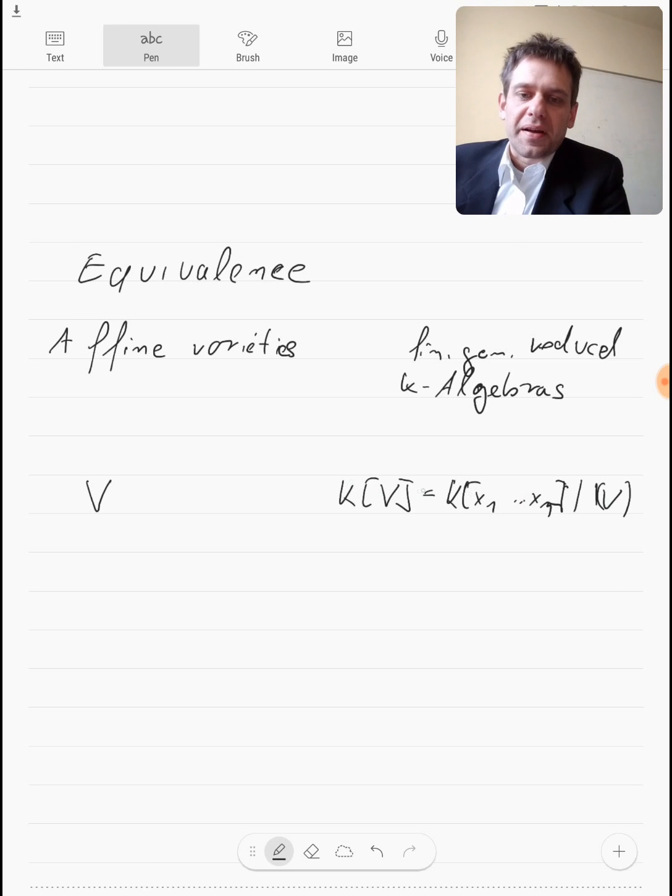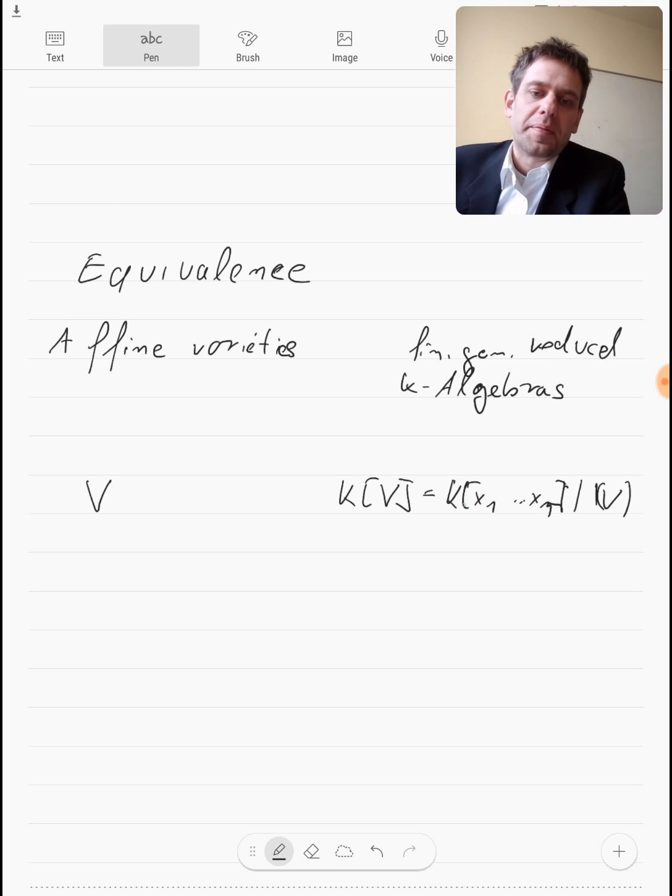So we have this coordinate ring, but note that it is indeed of this type. It is a finitely generated reduced k-algebra.